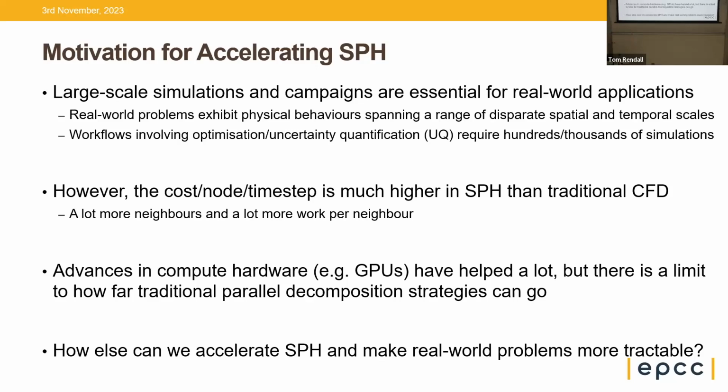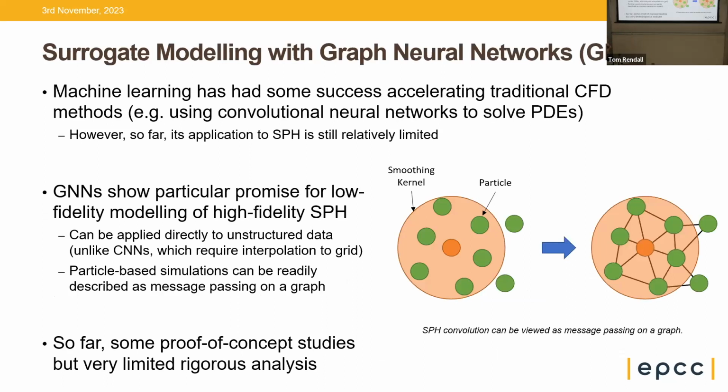One way, which follows on from the previous talk, is using graph neural networks as a low fidelity, coarse-grained surrogate model for SPH. I won't go into too much detail here, as the previous talk went into quite a lot of detail. It's actually nice to see their work.